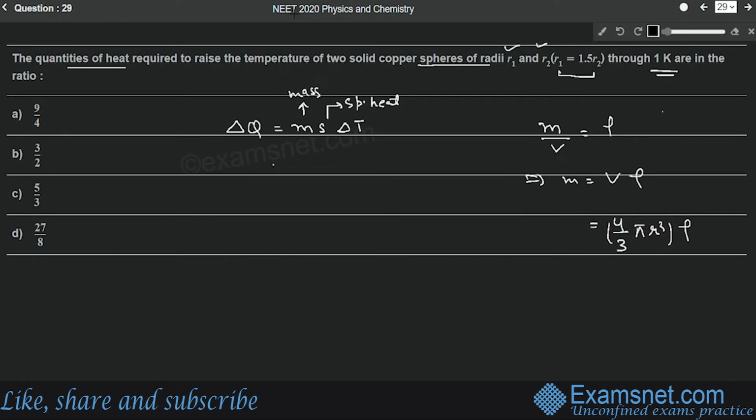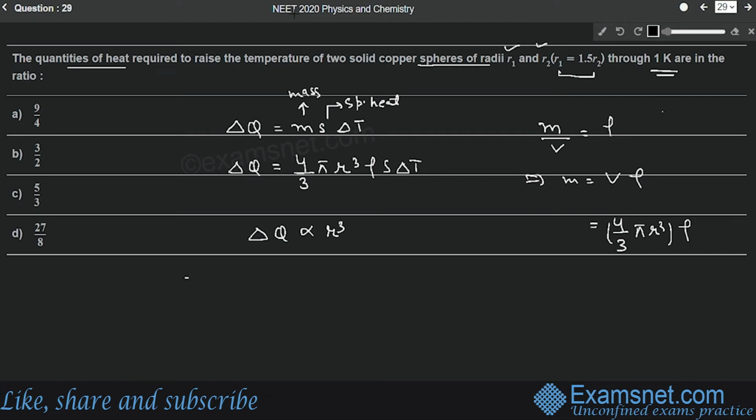So let's put this value here. 4 by 3 pi r cube into rho, that means density, into S into delta T. So we can say that delta Q is proportional to cube of the radius of sphere.